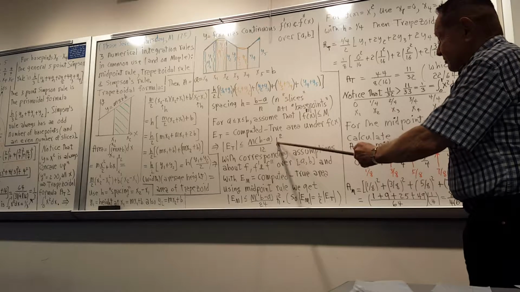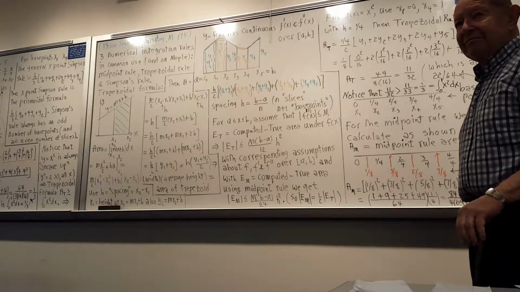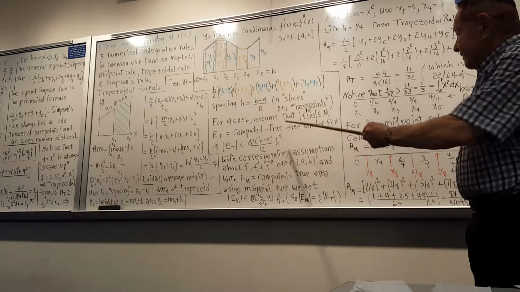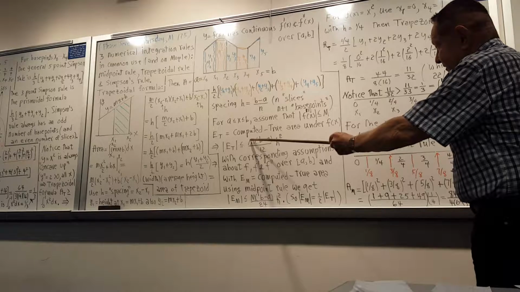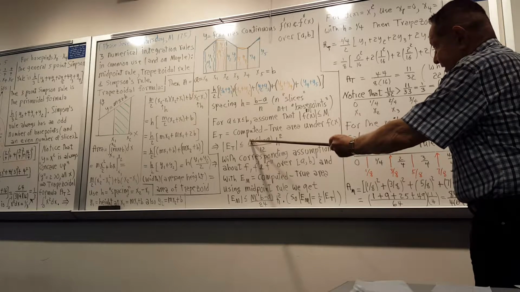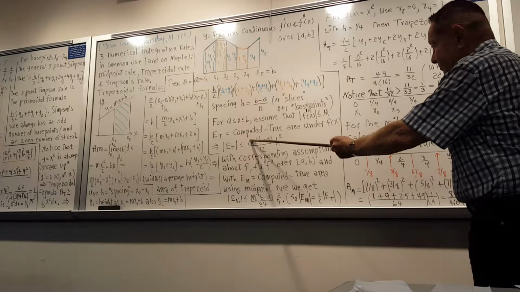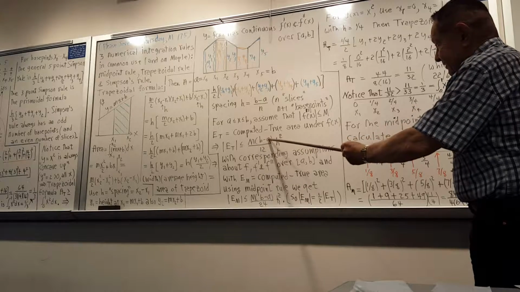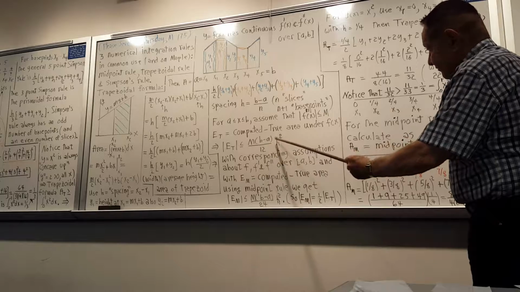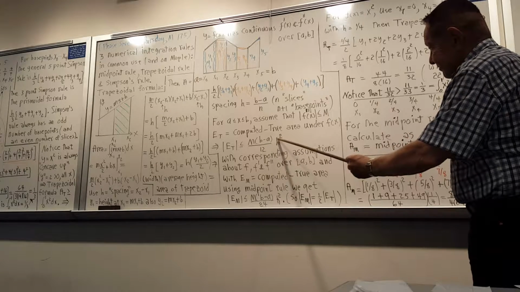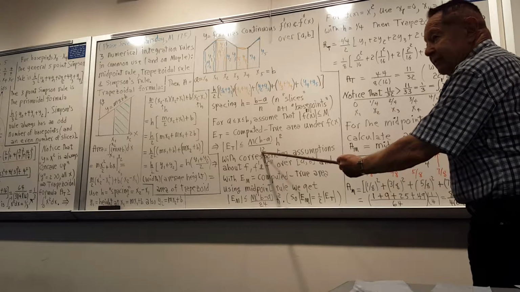So even if h were a tenth, which is a pretty big spacing really, this is 100. So then so long as M is a reasonable number in size and the length of the interval is reasonable in size, you have a factor, if h is a tenth, of 1 in 1200 here.